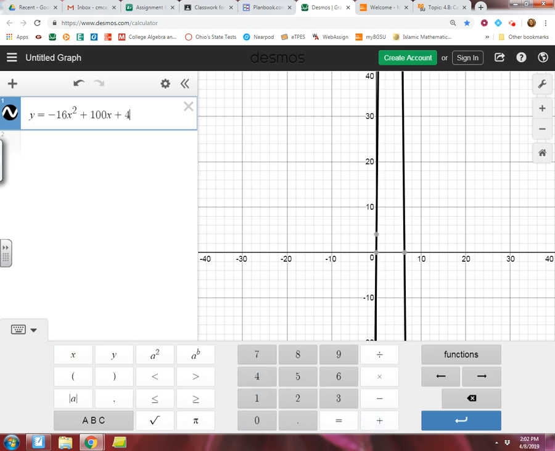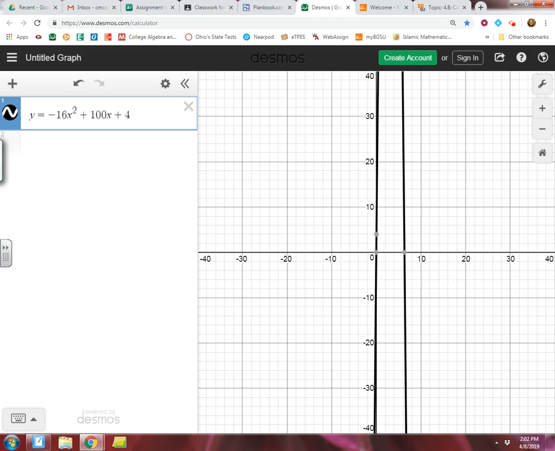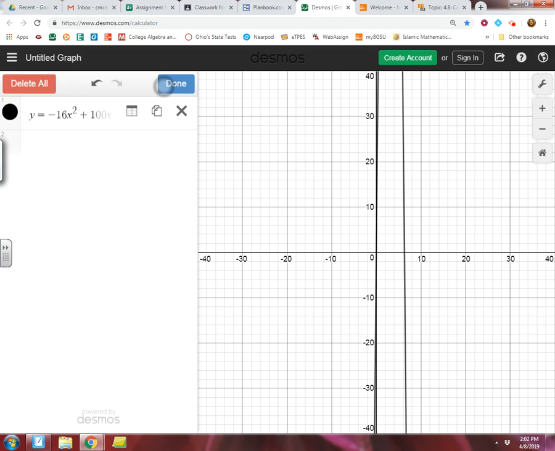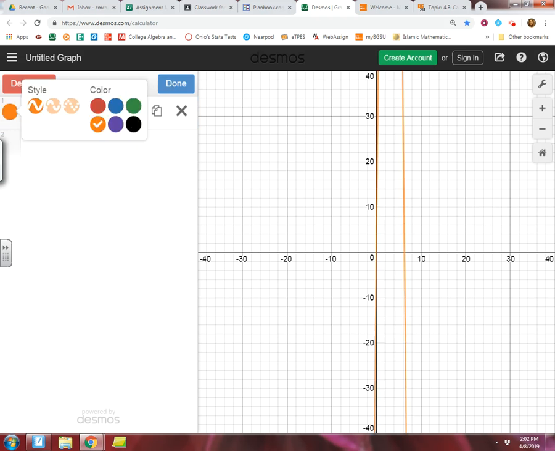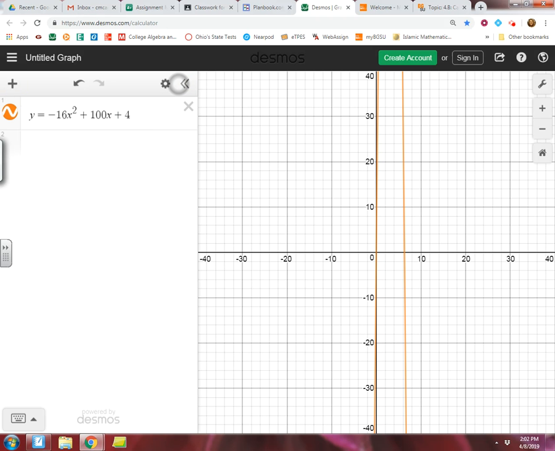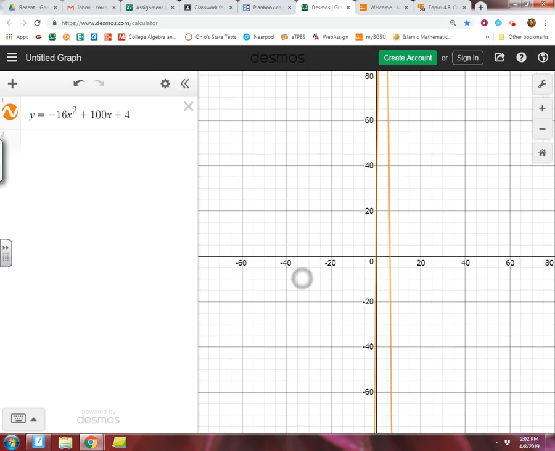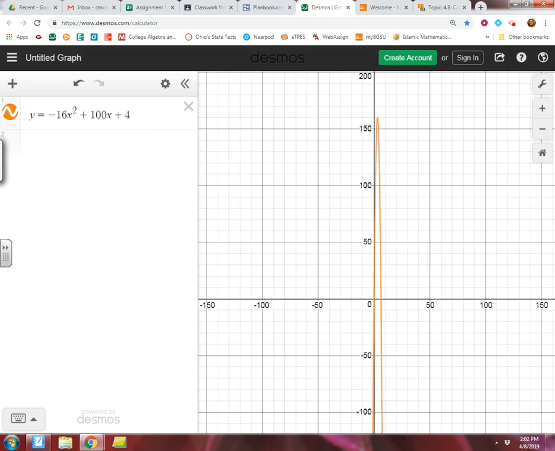Now, you may need to zoom out so you can see how this arrow is going. Is everybody okay with this picture? Is everybody good with this or no? Yes? There's my arrow. It's going up and coming back down, yes?